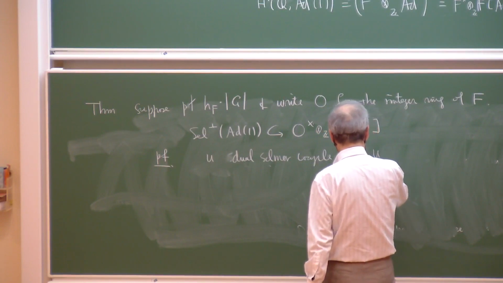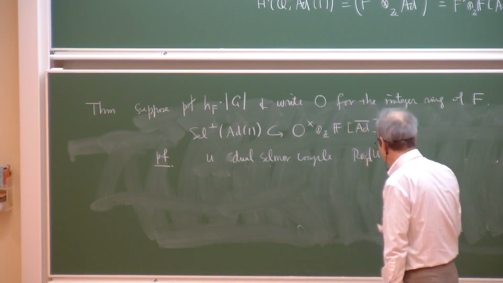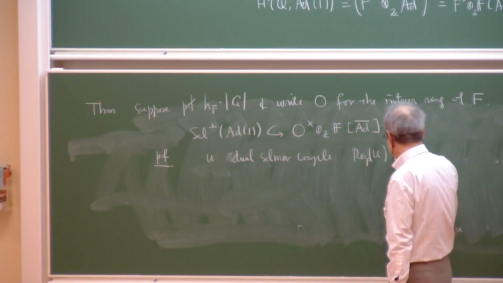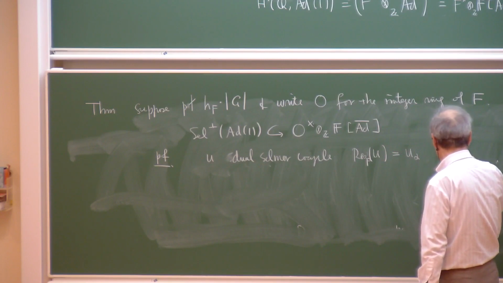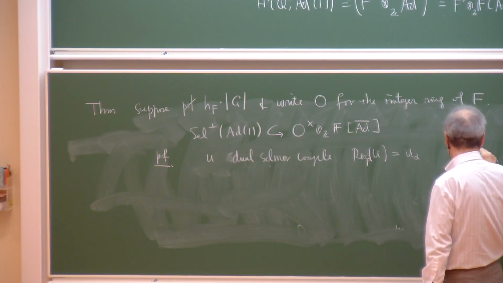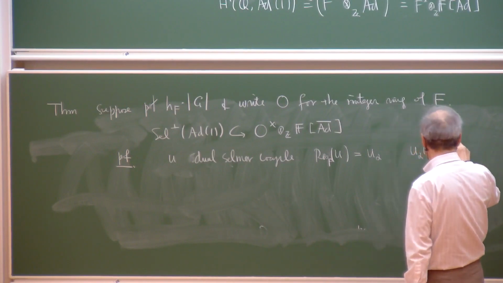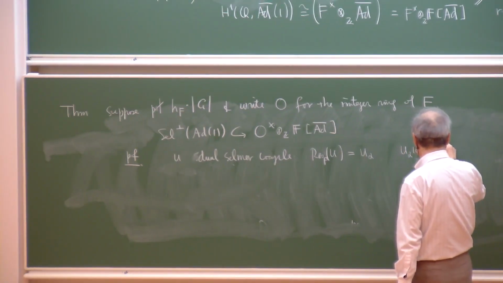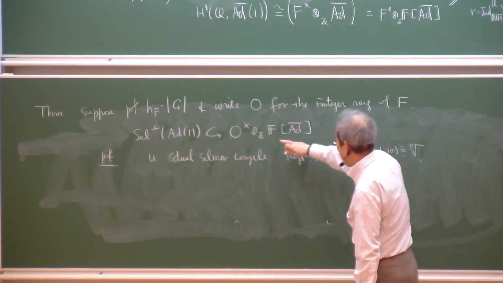You restrict it to F, right? Then this is something U alpha sigma, essentially, because I have tensor F things there.